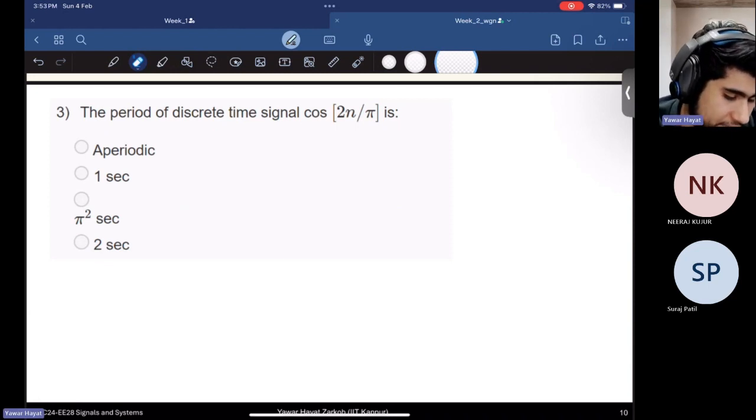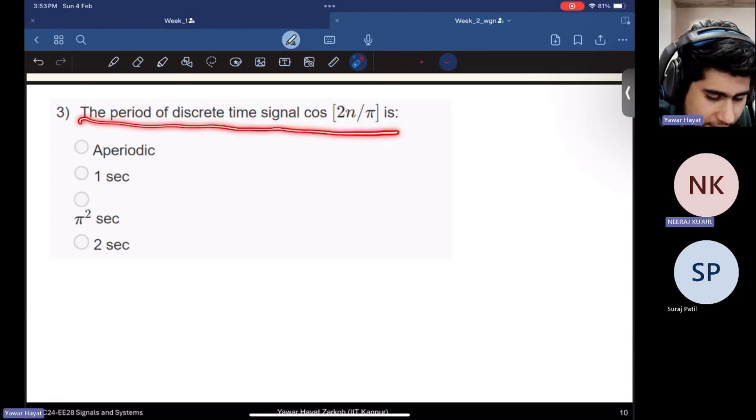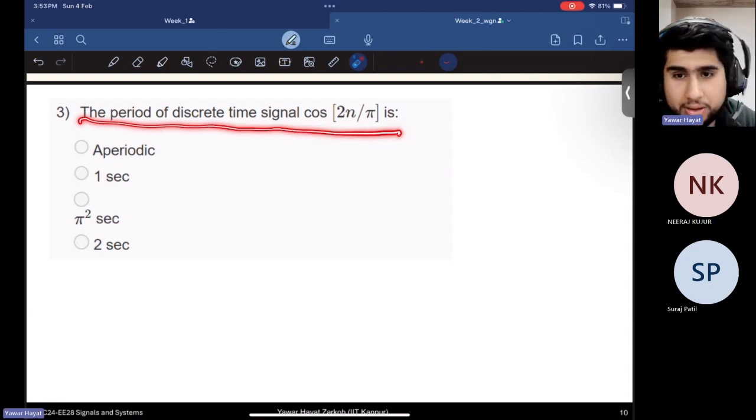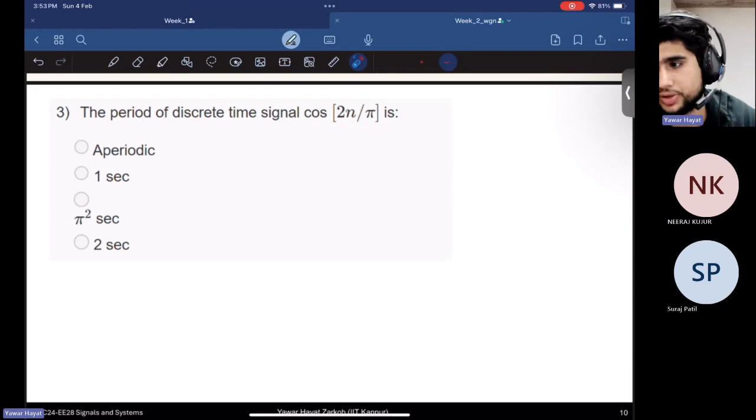The period of this discrete time signal, cos of 2n by pi. What is the period of this signal? Attempt this question and let me know in the chat.